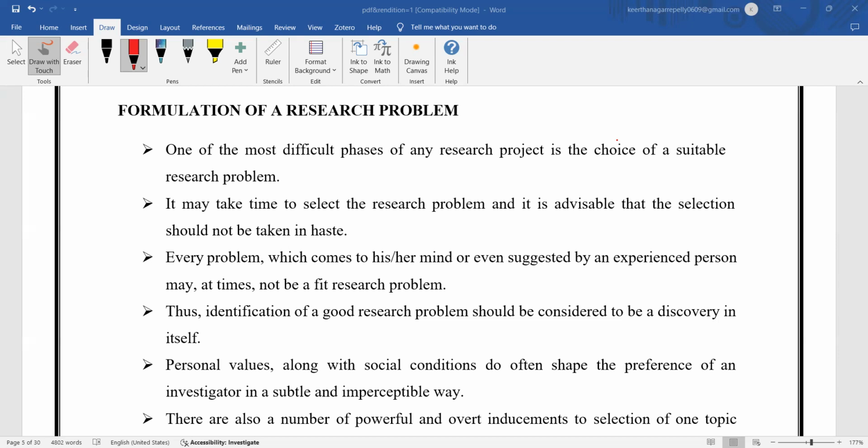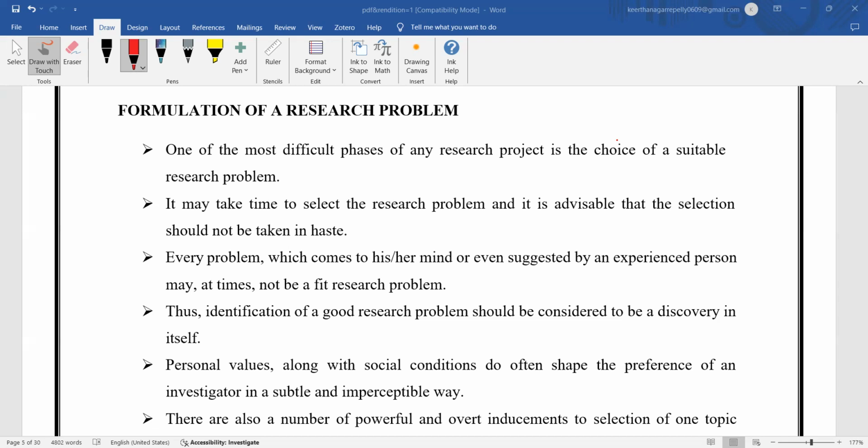That is how you are supposed to select the research problem. Not just reading the books simply, selecting the research problem and directly going into the first step of the research. No, before that you have got a lot of steps.